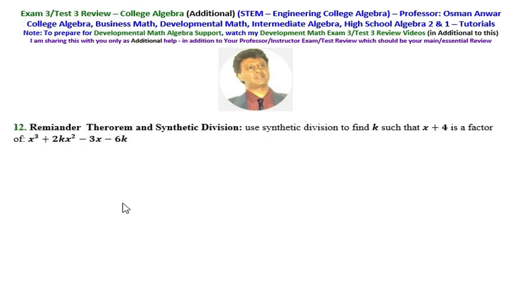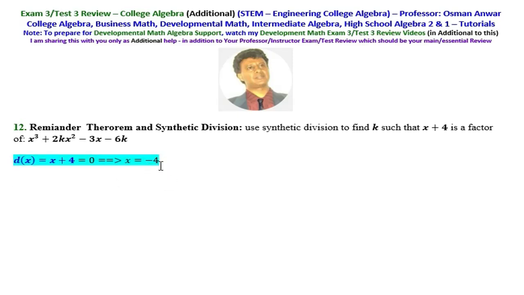Number 12 is remainder theorem and synthetic division again. Use synthetic division to find k such that x plus 4 is a factor of x cubed plus 2kx squared minus 3x minus 6k. So d of x is x plus 4, that is a factor. That means x equals minus 4.